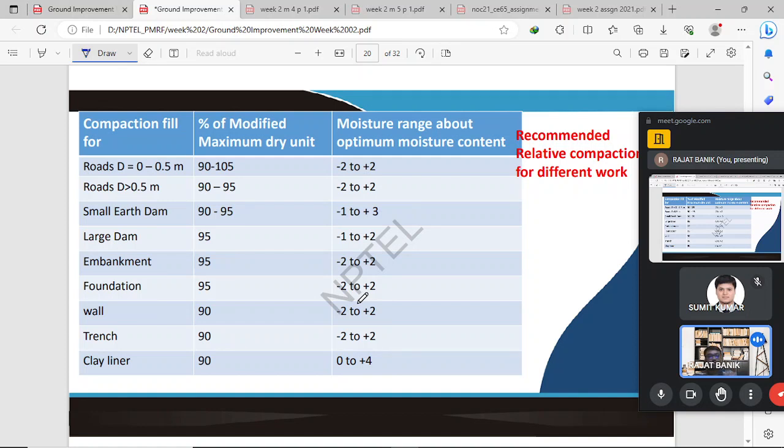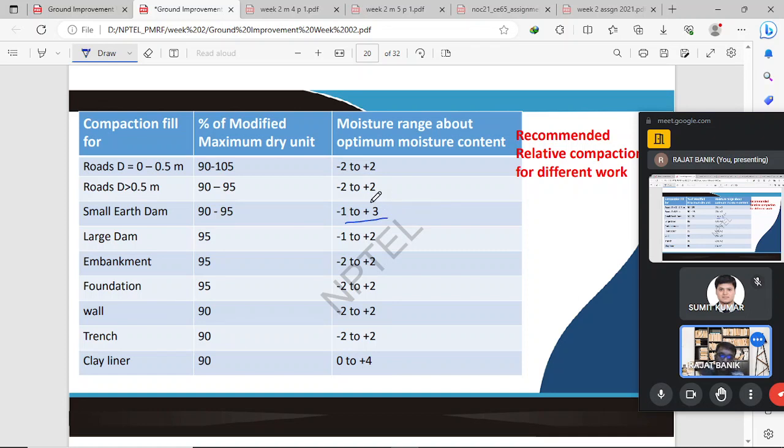For that, we need to build the impermeable layer. We know that the best impermeable layer is constructed when the moisture content is on the wet side of the optimum moisture content. So we see that the range should be -1 to +3.